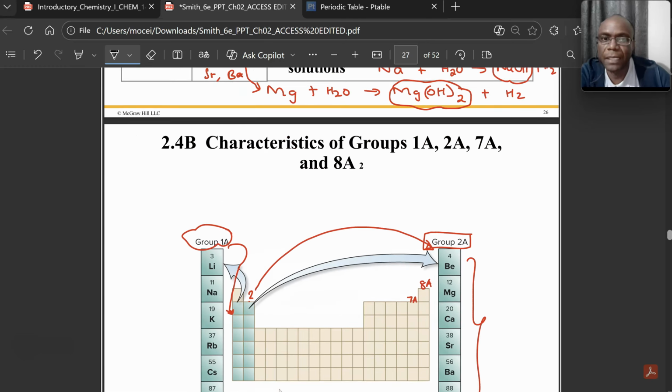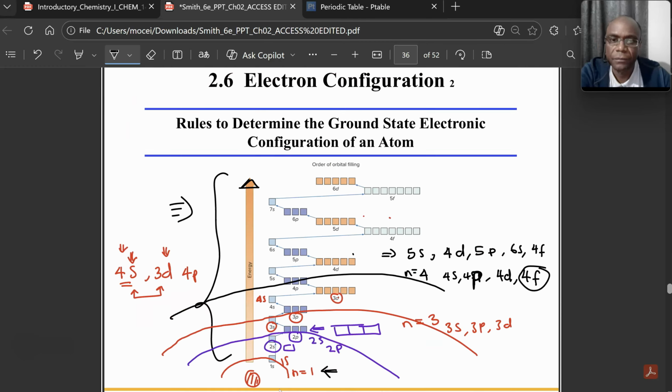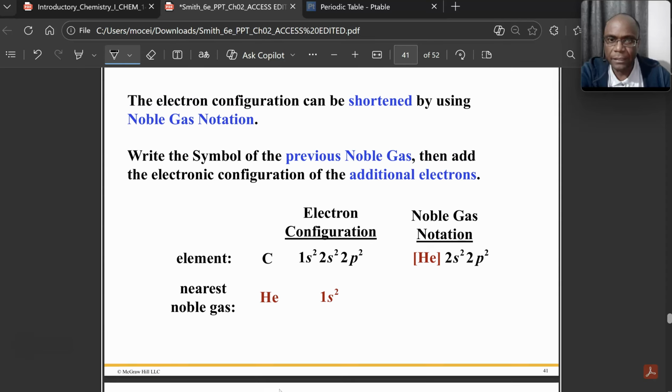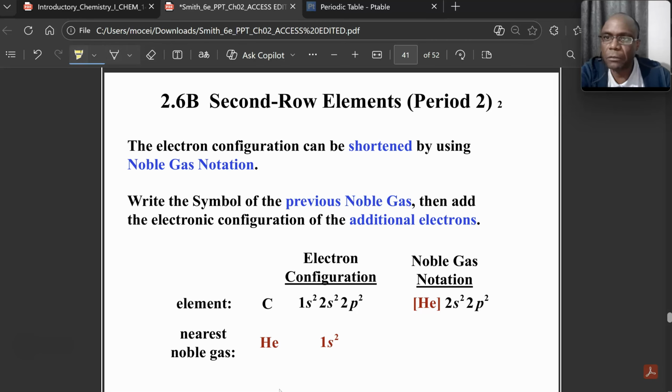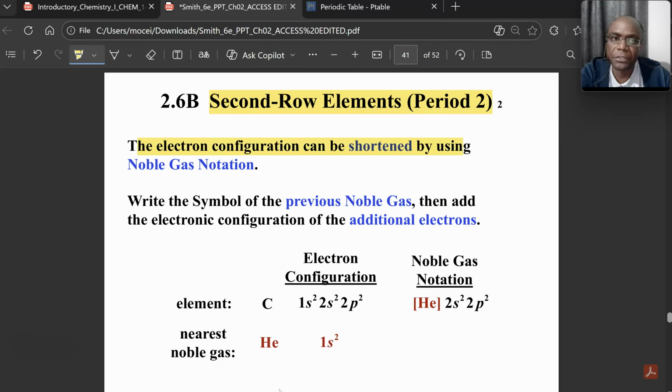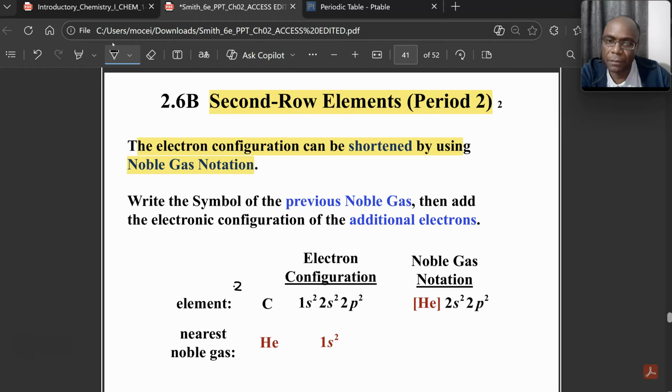If I come back here to the notes, that is the next thing being done here. If you're looking at the second row elements, that is period 2, the electronic configuration can be shortened by using noble gas electronic notation. Carbon has atomic number 6, so 6 protons, so you expect it to have 6 electrons.